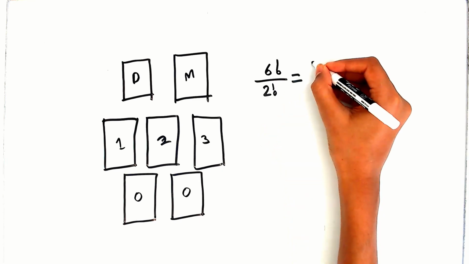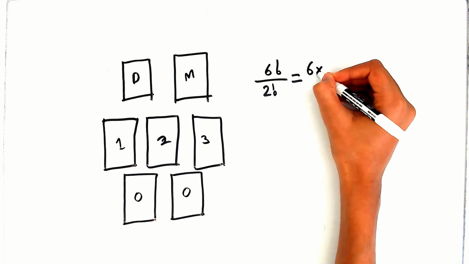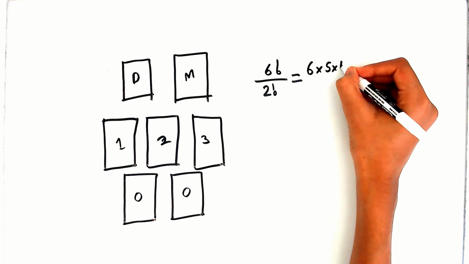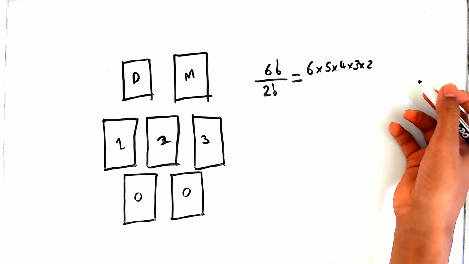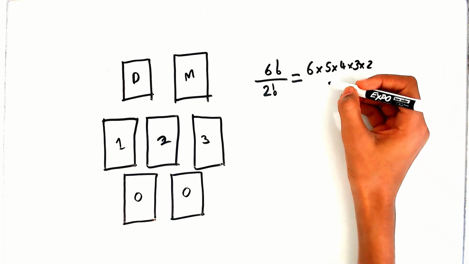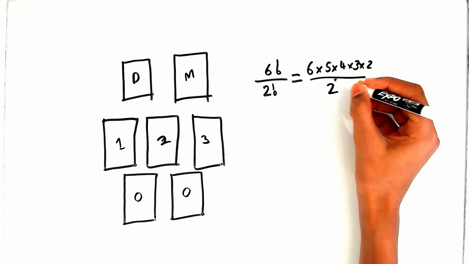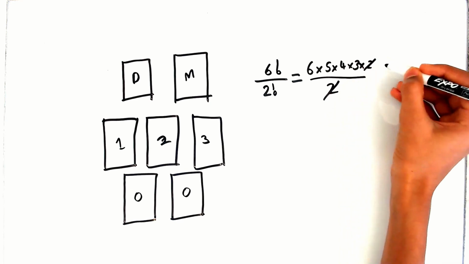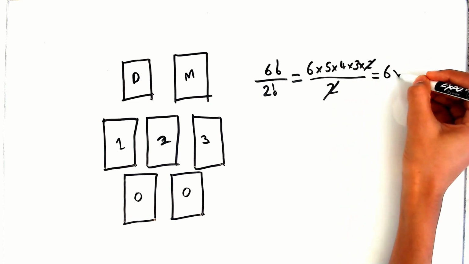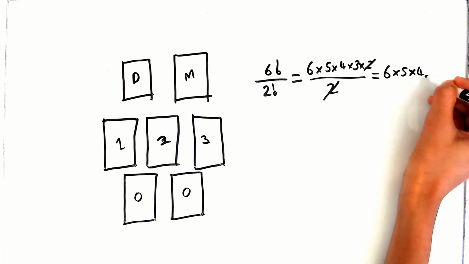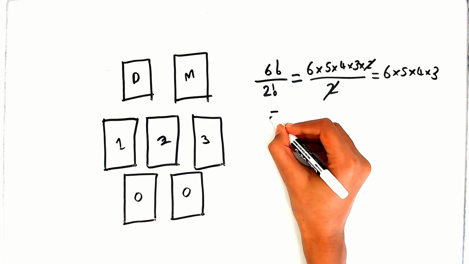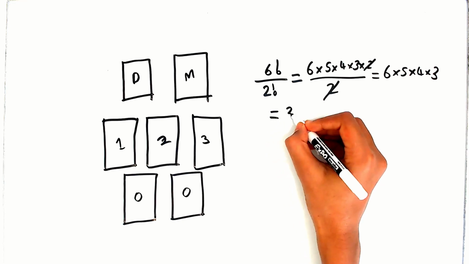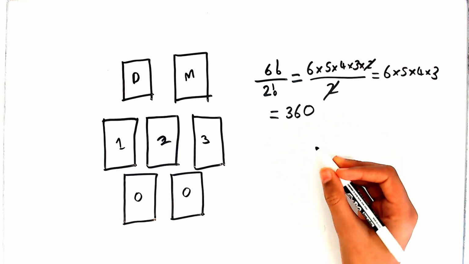So this would equal 6 times 5 times 4 times 3 times 2. We don't need the 1 because it's not going to do anything. So we divide by 2 factorial, which is 2. So we just cross out the 2, which equals 6 times 5 times 4 times 3. So here, that would equal 360.